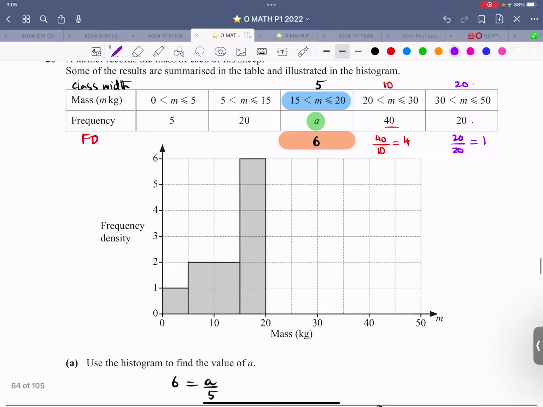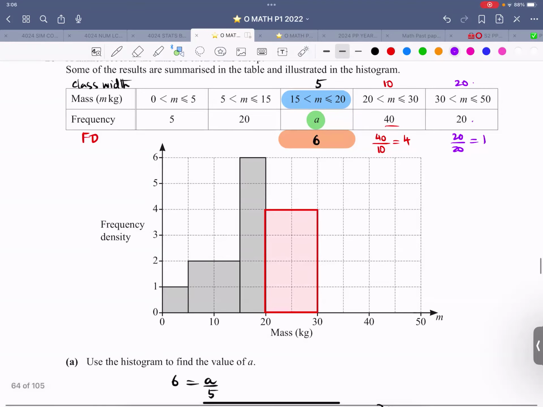So 20 till 30, the height is 4. It goes like this. And then 30 till 50, the height is 1.